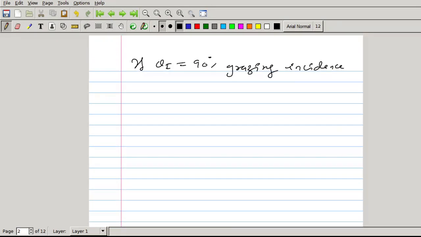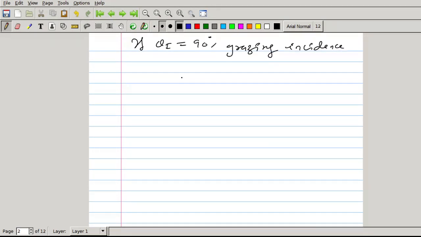Here we are assuming oblique incidence, and the incident wave can be written as follows.